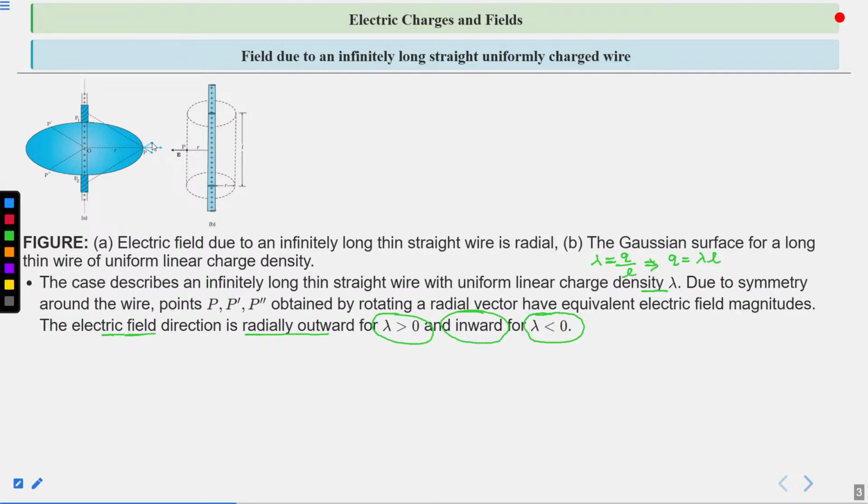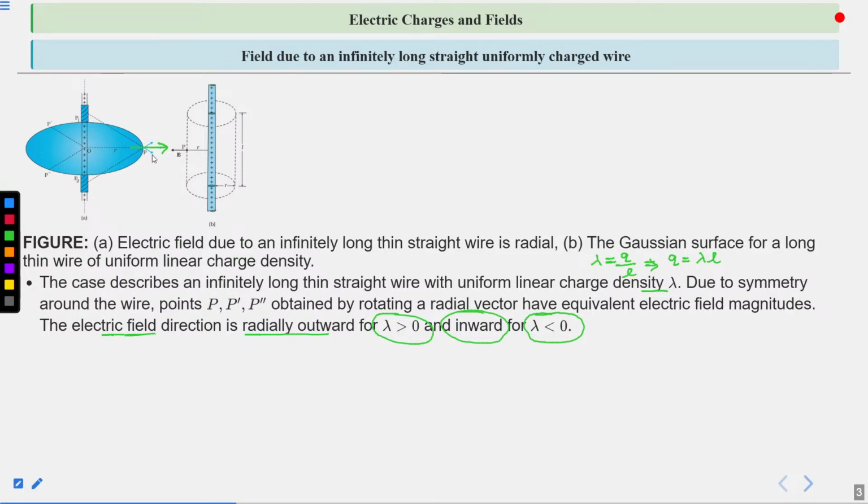And from point P towards point O, it is radially inward. Now in our case the wire is positively charged, so the direction of the electric field is radially outward. I hope this is clear.